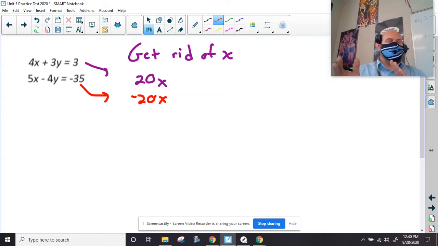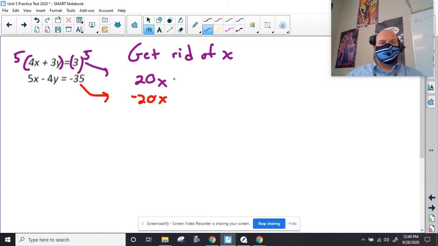You want what's called additive inverses, same number, different signs. So on the top, what would I have to multiply 4 by to make it be 20? 5. So I'd multiply everything right here by 5. On the bottom, what am I going to have to multiply 5 by to be negative 20?